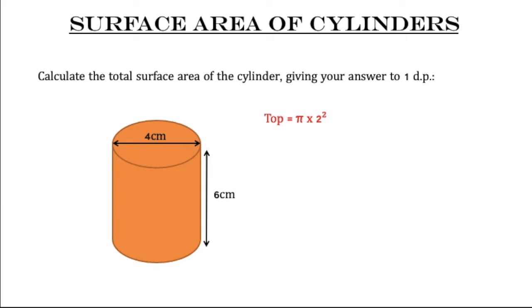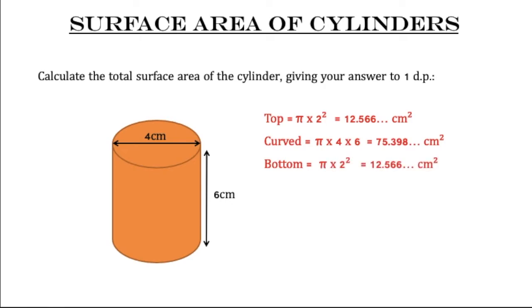The diameter is 4, so the radius is 2, then you square that, which works out to pi radius squared, and it gives you the answer. The curved part, we know now, is pi dh. Pi, diameter is 4, h, which is height, is 6, gives you that. And then we go to the bottom circle, same as the first circle, pi radius squared, you get the answer.